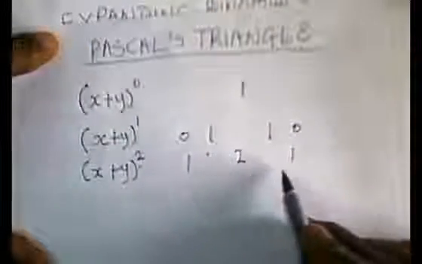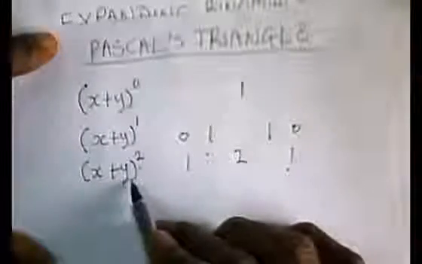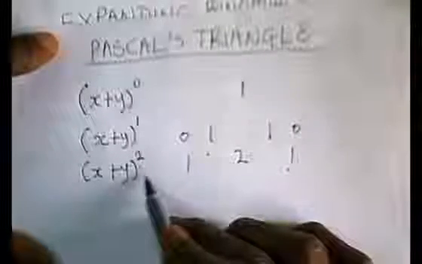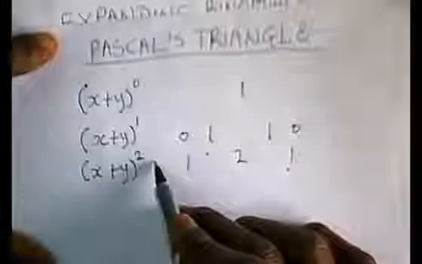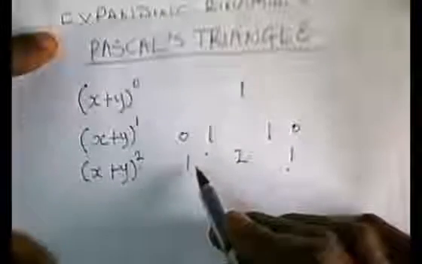We have 1, 2, 1 as the coefficients for the expanded binomial (x + y)^2.